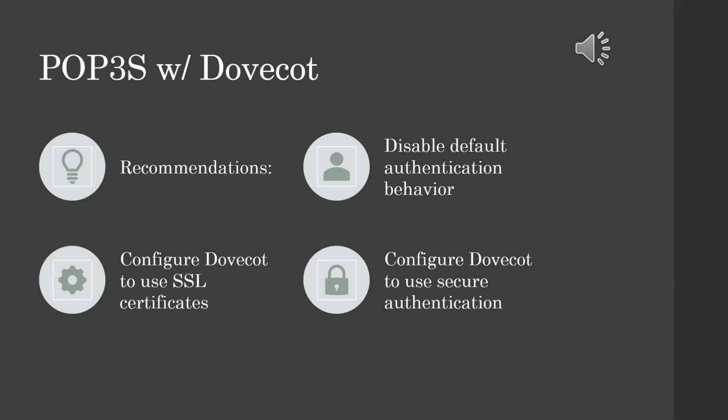Also, I would recommend to configure Dovecot to use SSL certificates. Although it's enabled by default on the server, it's still not configured. So to harden the server for this, I would say for you to personally go in and make sure that everything is configured to your liking.